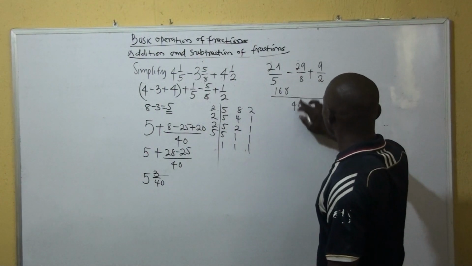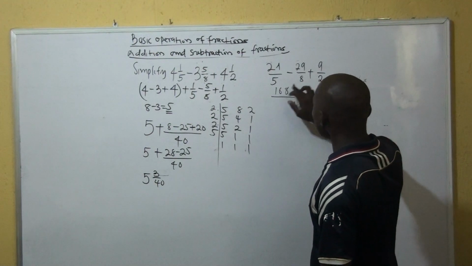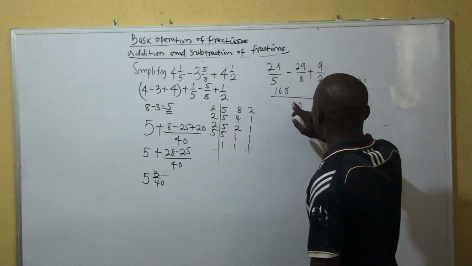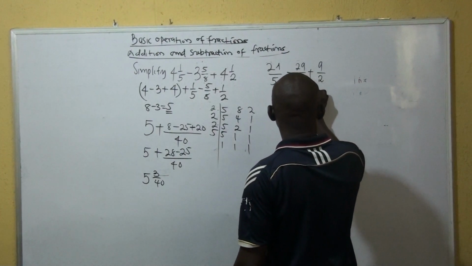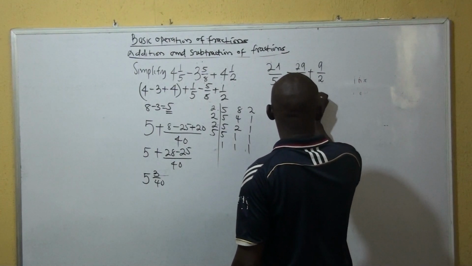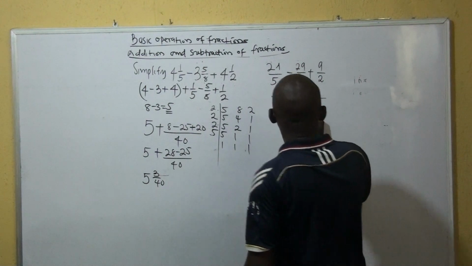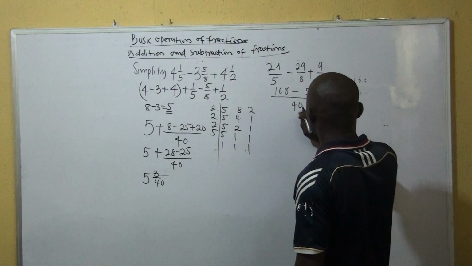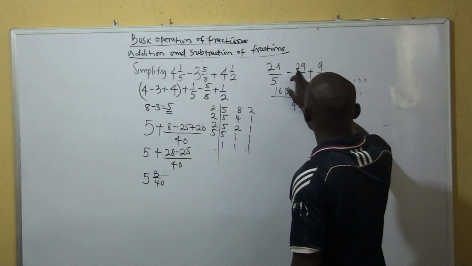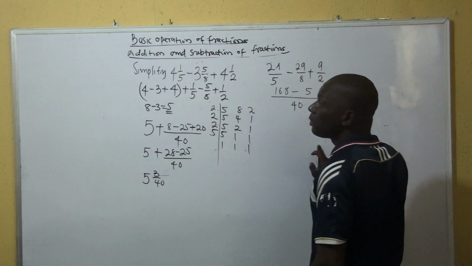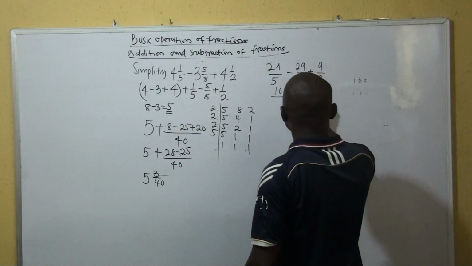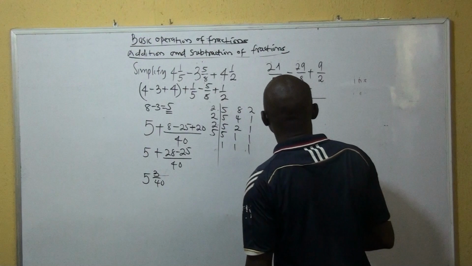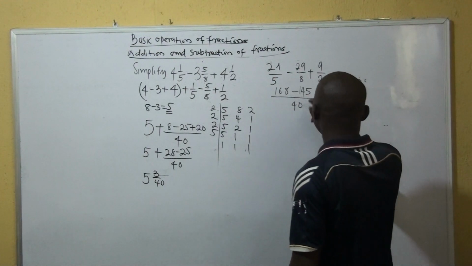Now 40 divided by 8 is going to give 5. 5 times 29: 5 times 9 is 45, so we write down 5 and carry 4. 5 times 2 is 10, plus the 4 we carried forward becomes 14. So that is 145.